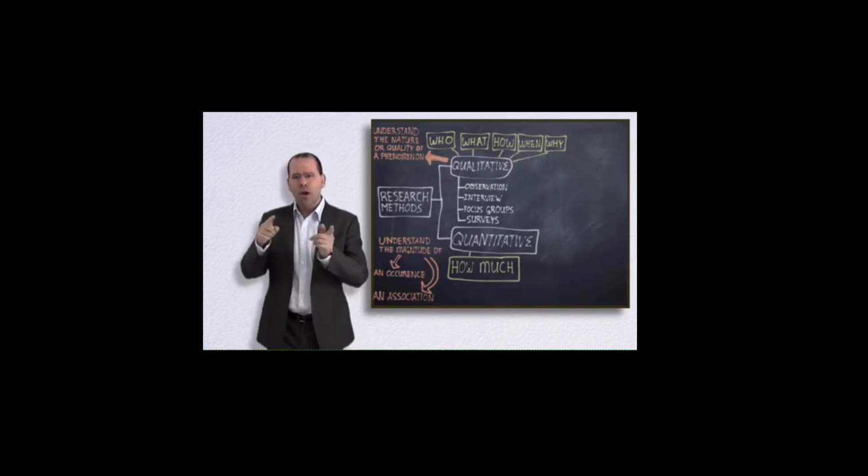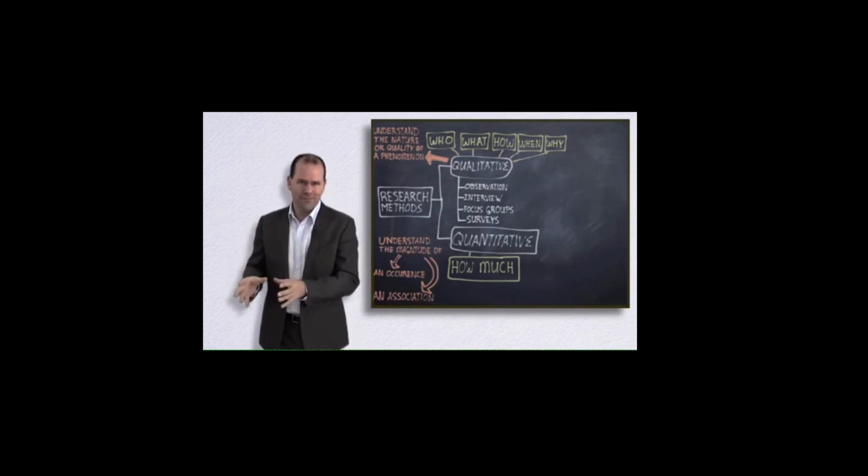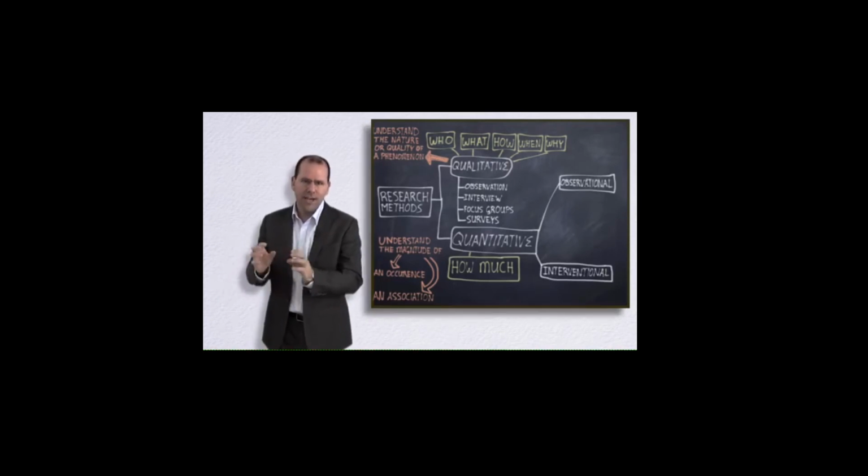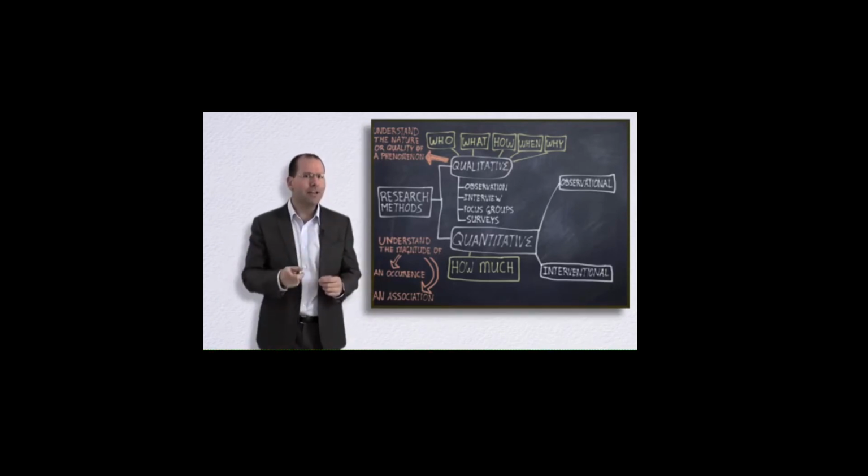The other group, the quantitative research, now we've got interventional quantitative research and we've got non-interventional. By non-interventional, we mean it's observational. We're watching to see what happens in the world and we're counting something up. So in that sense, we might be doing case control studies, and we'll talk more about that in a future video.